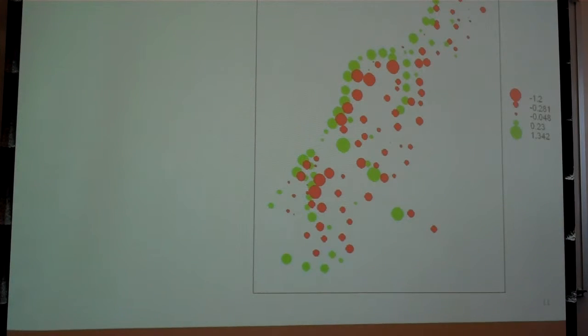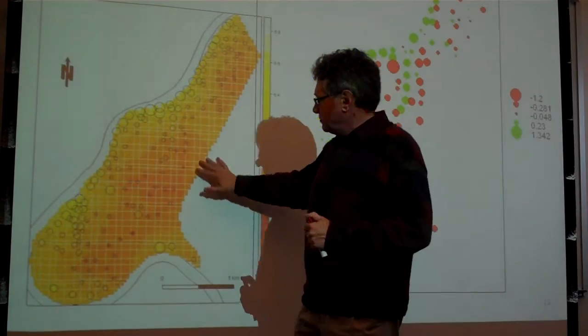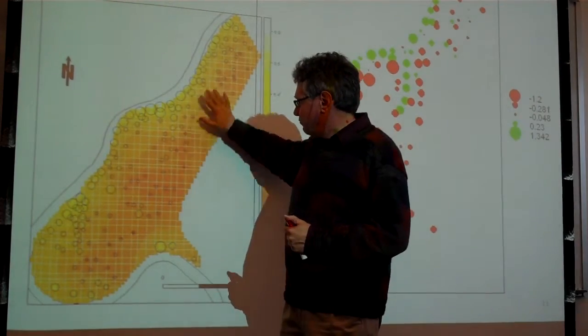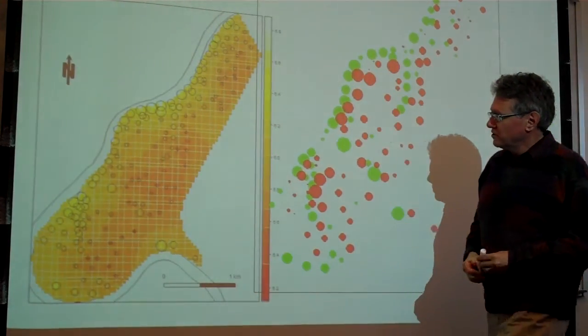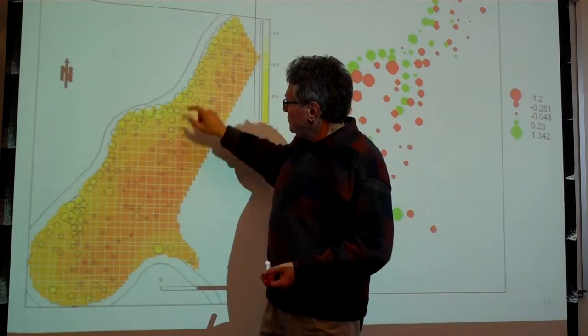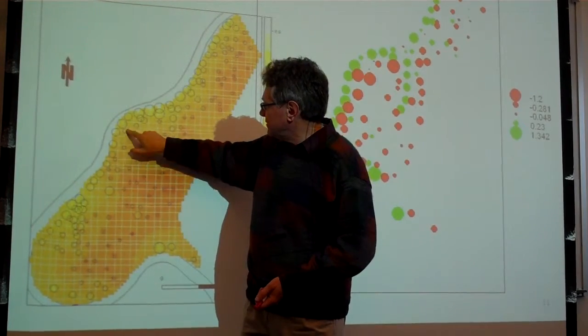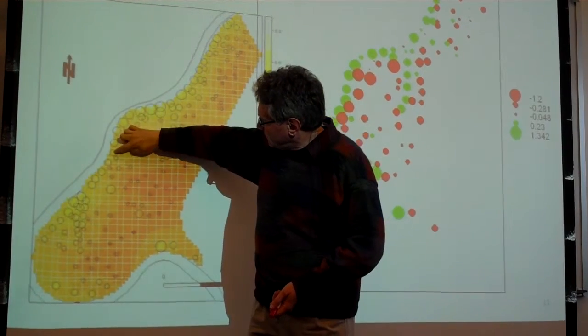If we look at this, I think the P equals 1 surface, just look at the size of the circles. We have really high values right along the shore, and often just inland from them, relatively low values.